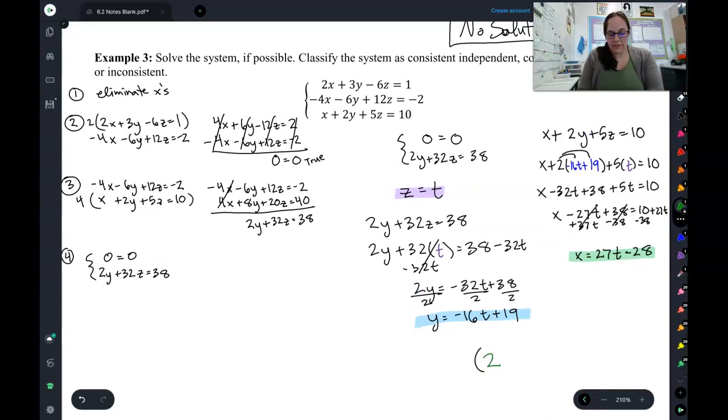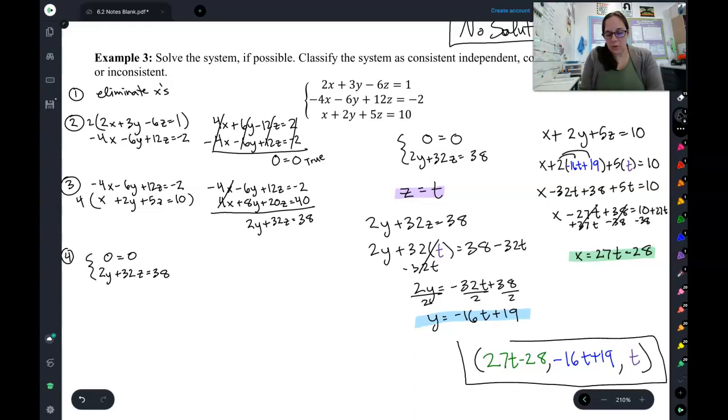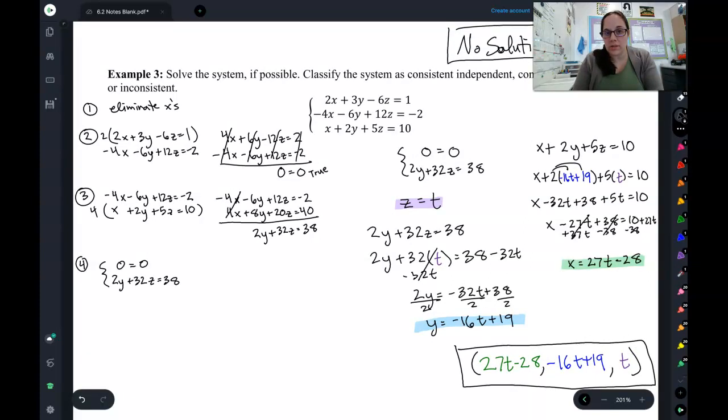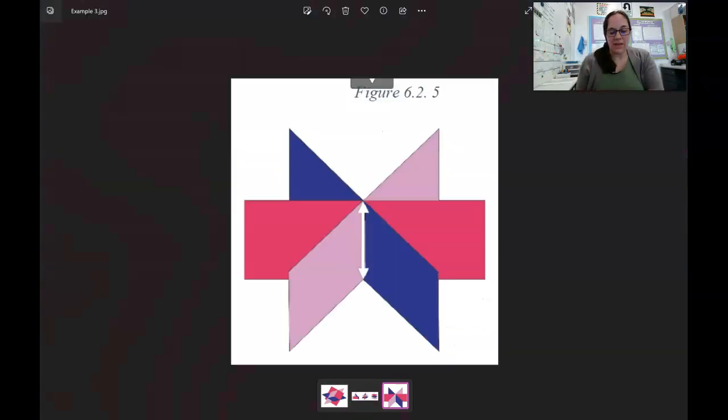So the x value is 27t minus 28. The y value is negative 16t plus 19. And the z value is t. And if you remember from 6.1, I can plug any value in for t that I want, and it gives me the set of points that all of these planes have in common. So a good visual for that is right here.